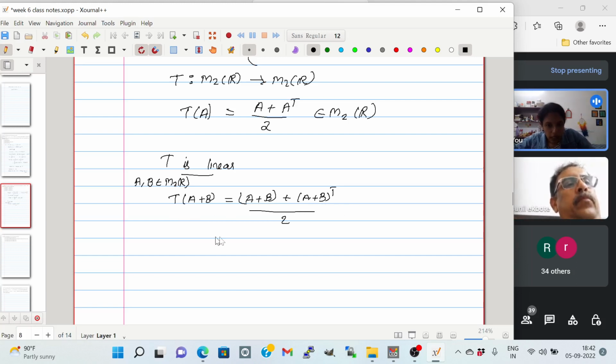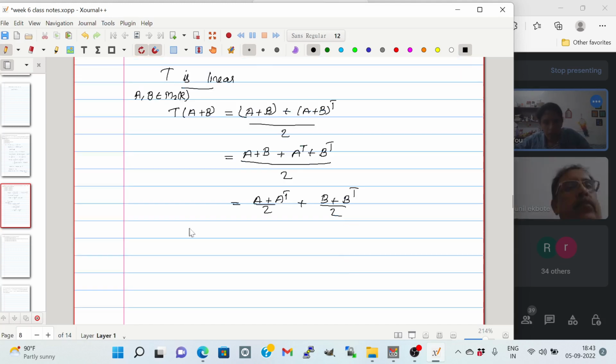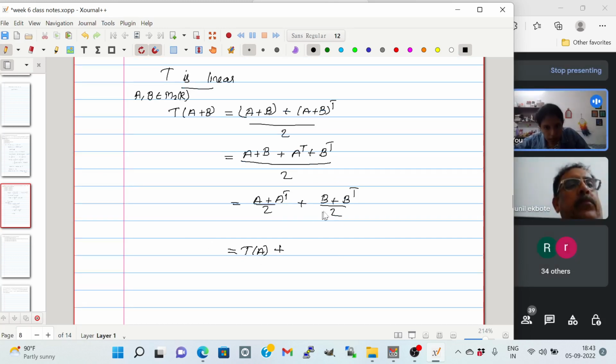Here (A plus B) transpose is the same as A transpose plus B transpose. This is one basic result, you can check if you want. And this divided by 2. So from this we can write (A plus A transpose) by 2 plus (B plus B transpose) by 2. This is our T of A plus T of B by definition. So T of A plus B equals T of A plus T of B.